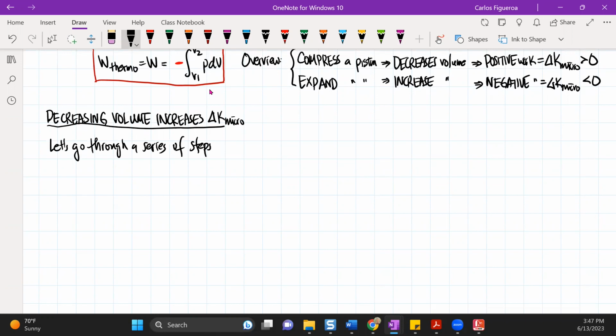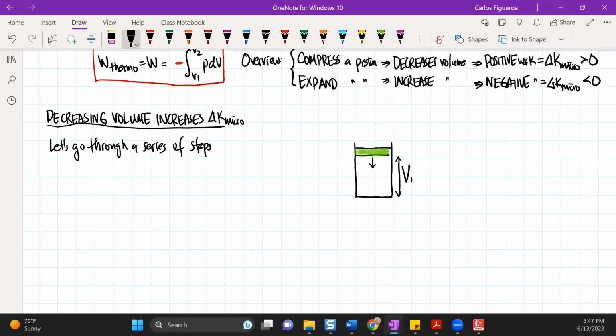So the first thing is, let's draw a piston. Let's say that here's my piston. And what I'm going to do is compress the piston. In other words, it's going to be moving down. As I compress it, it starts off with some volume of V1.